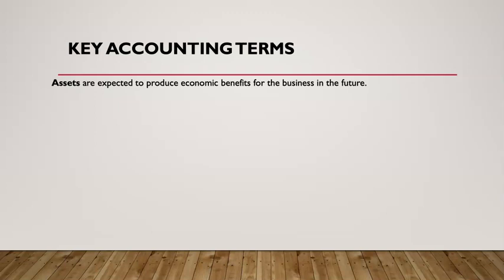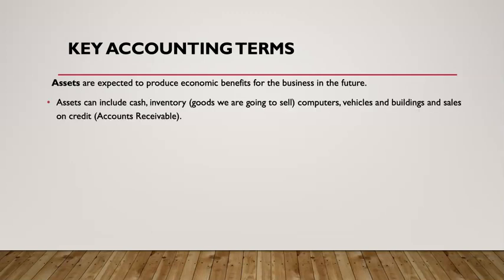And just to reinforce, here is a little bit more information. We know that assets are expected to produce a benefit. What types of assets might we see? Cash, inventory, something that we're going to sell.